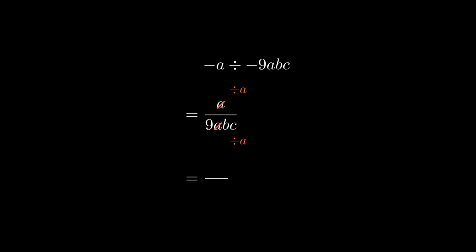So like 4 divided by 4 is 1, 7 divided by 7 is 1. It works for any non-zero number. So when you divide by yourself, you always get 1, and so that's why we put the number 1 upstairs. Then on the bottom, it will just be the same thing, but with the a cancelled away. So that's what happens when everything cancels away, and that's about it for division for now.